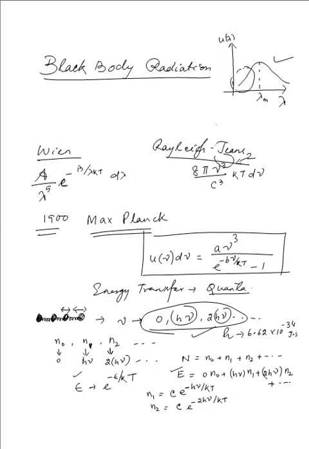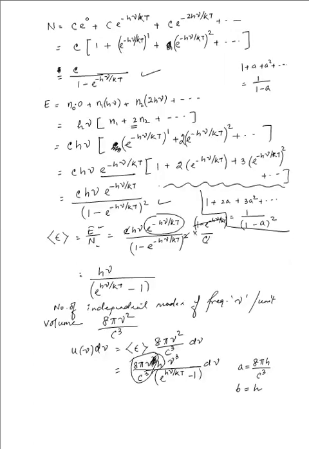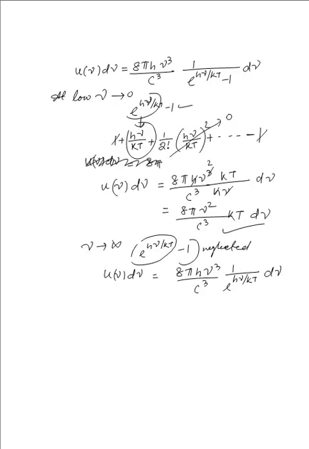This was in lambda. If we are to take that in lambda, we'll have to use the case where nu is equal to c divided by lambda, and so we have d nu equal to minus c divided by lambda squared d lambda.